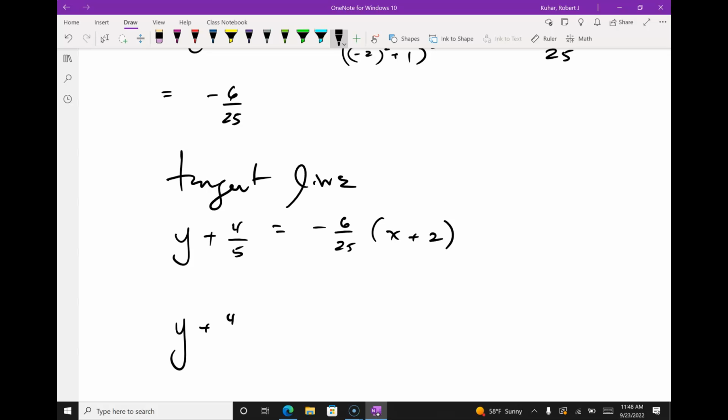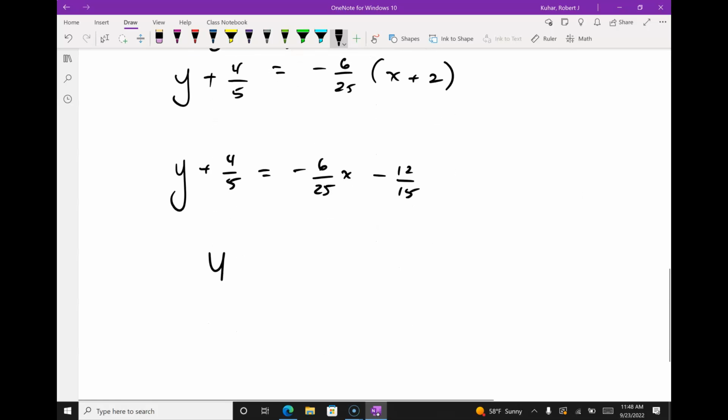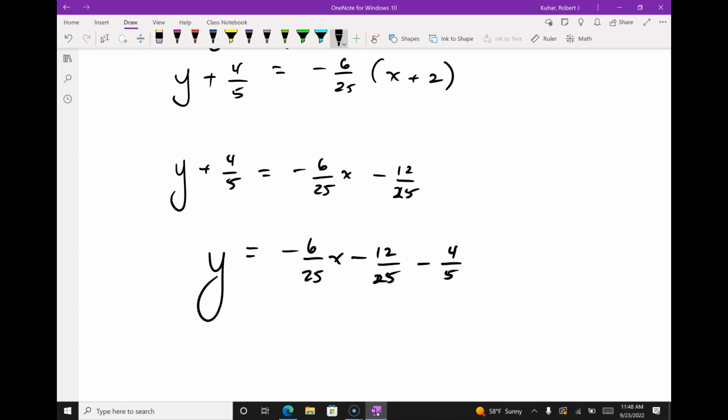So y plus 4/5 equals -6/25 x minus 12/25. I know I'm going fast, but you know what to do here. You're not copying me, you're just doing the tangent line yourself.